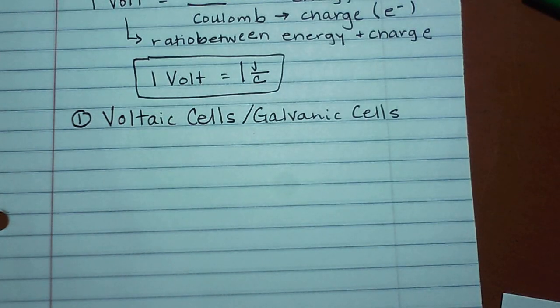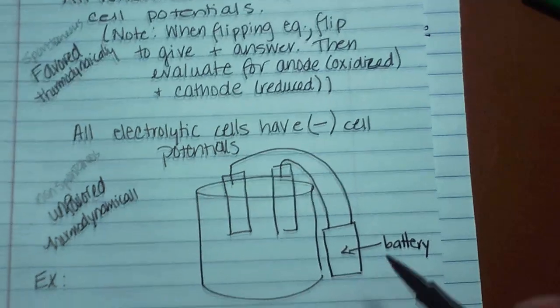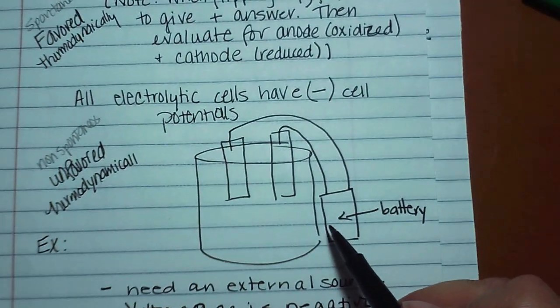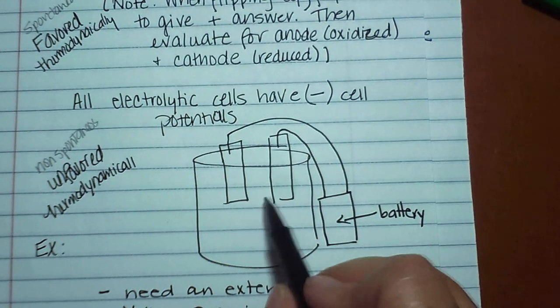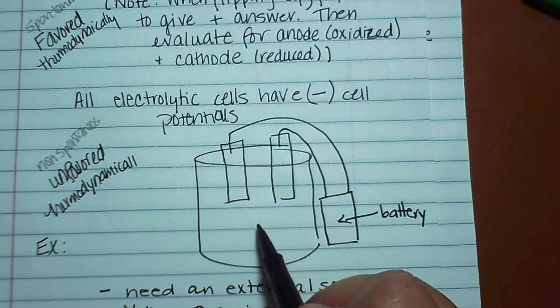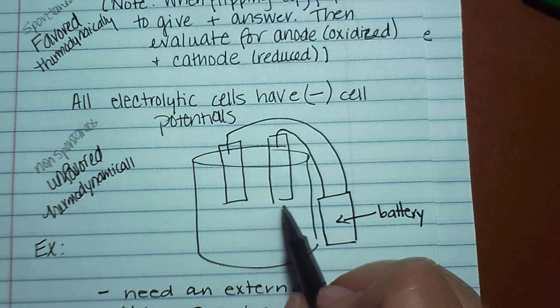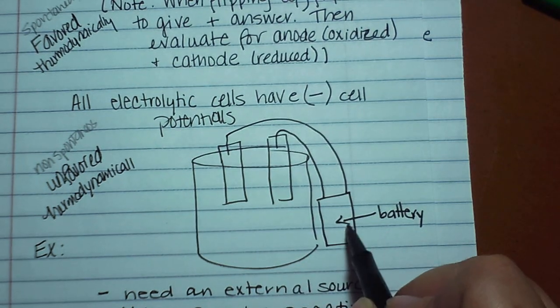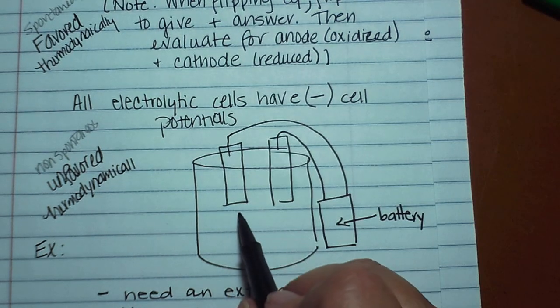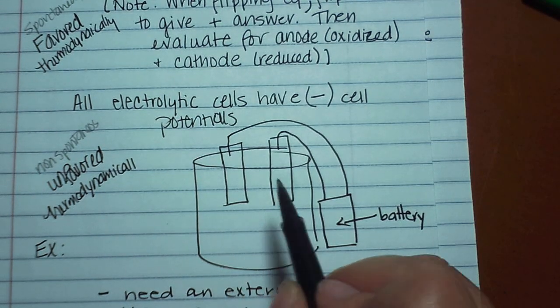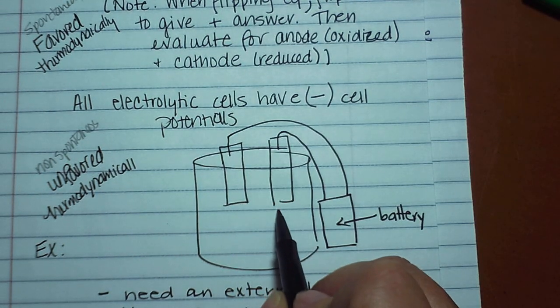In an electrolytic cell, there's an external power source. What's happening in the beaker, and we'll talk more about this tomorrow, is happening because of the power source. So this is how you run a current through a solution. There's a positive and a negative terminal.